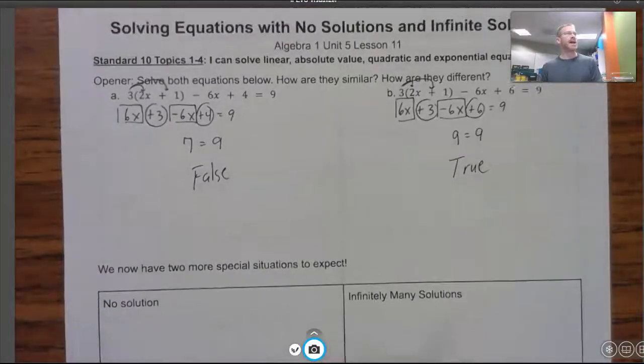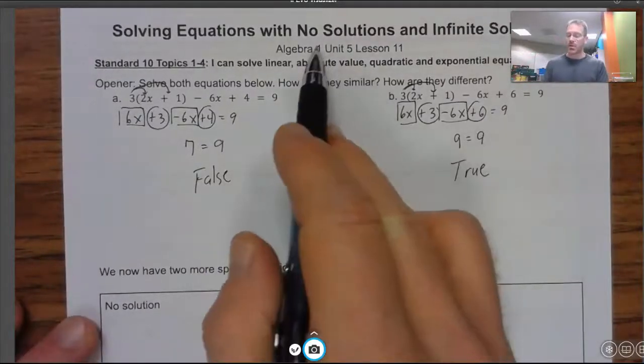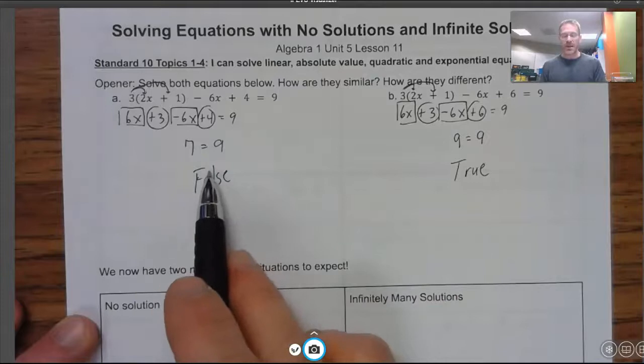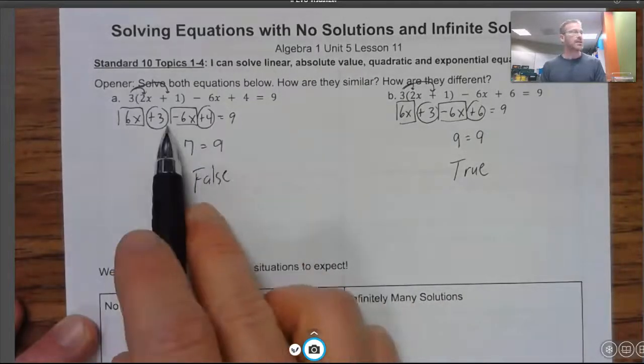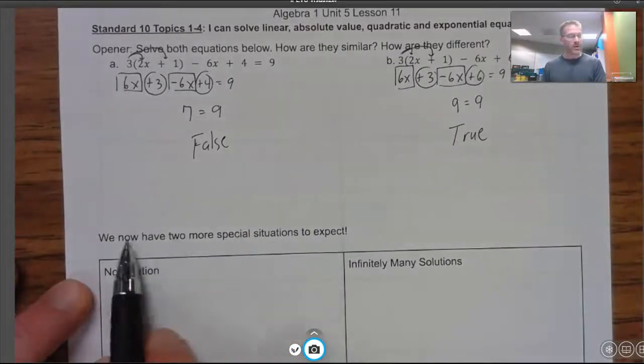So we've already talked about how to get no solutions because we don't get any points of intersection. Now when we talk about no solutions here, it's the same idea. When I look at this, I get a false statement. So what are we looking for here?